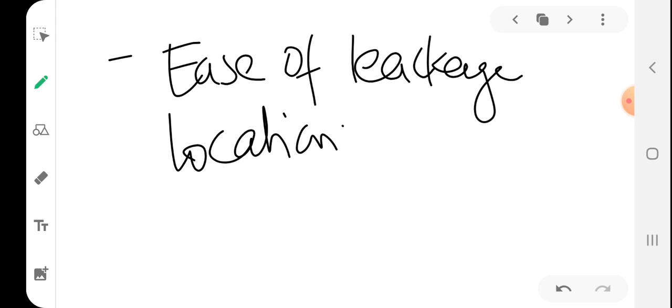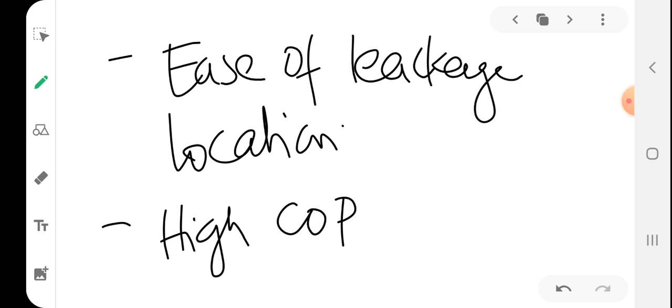And it should be able to produce a high COP, meaning with very little work we should be able to produce a large amount of refrigeration. So there is high coefficient of performance, low pressure, low power consumption per tonnage of refrigeration, low pressure ratio and pressure difference. All this comes under miscellaneous properties.